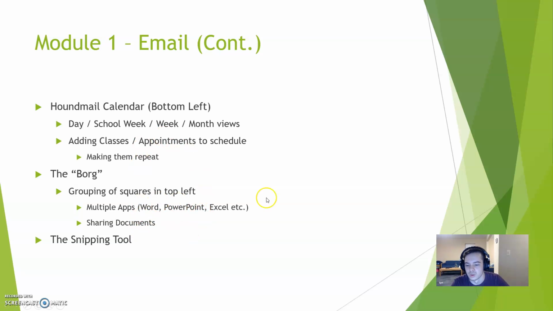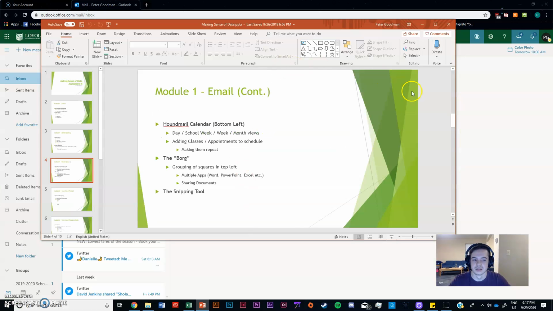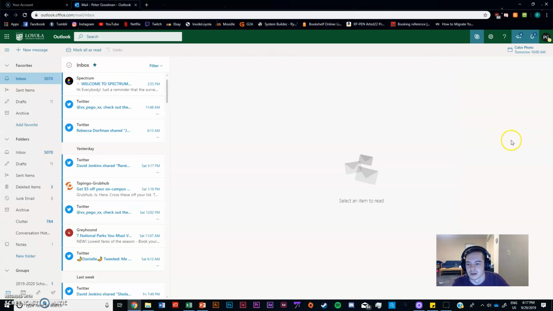And then when you open those sort of things, you can also share those documents with other people through Houndmail, or like our loyal emails. And then also just quickly, we also learned about the snipping tool, which is just basically a way to take screenshots of your pages.